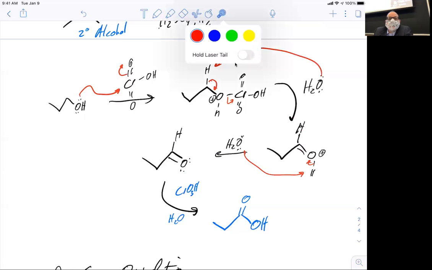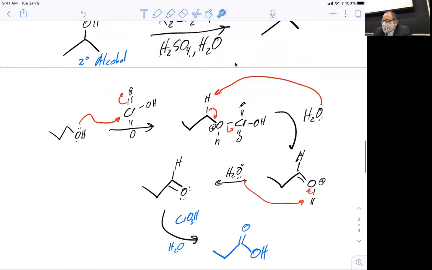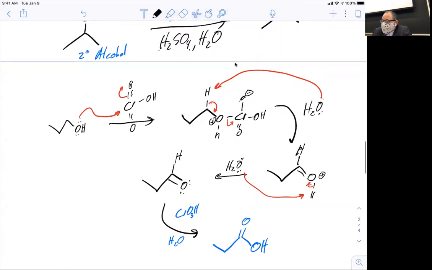I see they're asking, why is there a double bond on the first step? Oh, I see what you're talking about, the oxygen. Sorry. That is correct. That should be like that. Okay. Was that the question? Yes, thank you. Okay, yeah, sorry for that mistake.